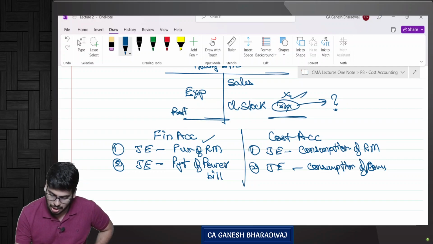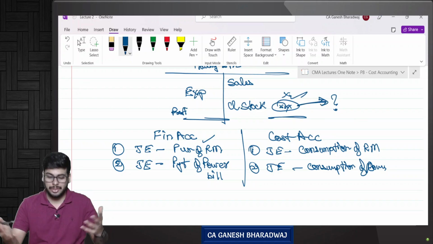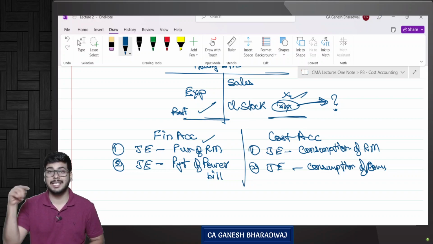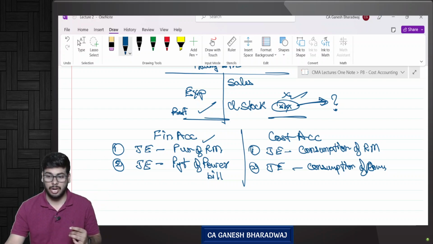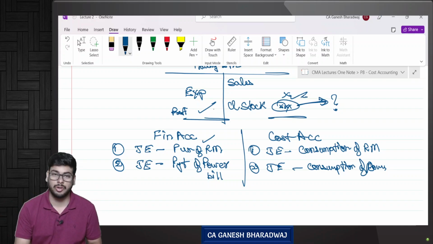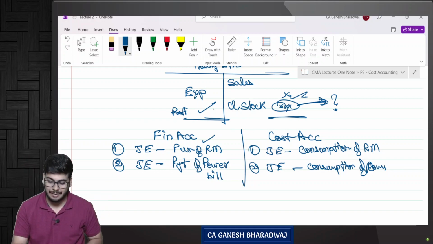If stock is not there, you cannot arrive at the profit. And that is the reason why the first objective of our subject is called stock valuation and profit computation, because stock gets valued in our subject, based on which the financial accountants can prepare the P&L account and arrive at the profit figure.